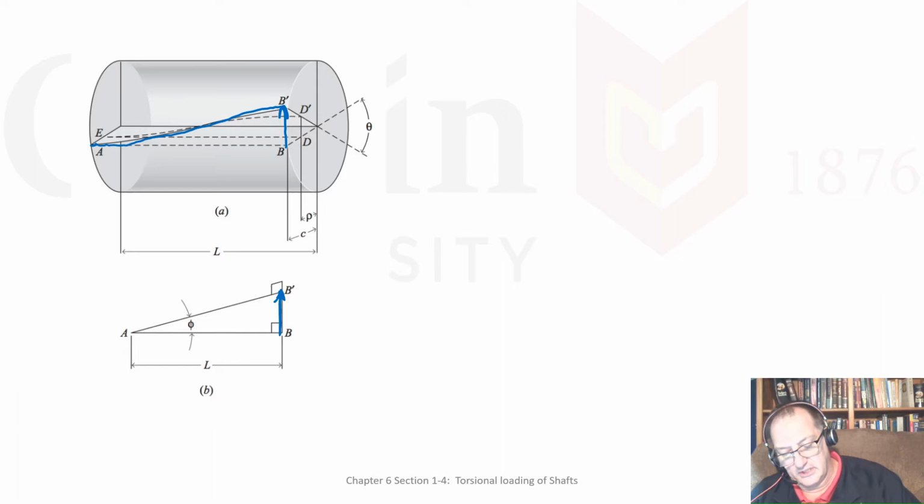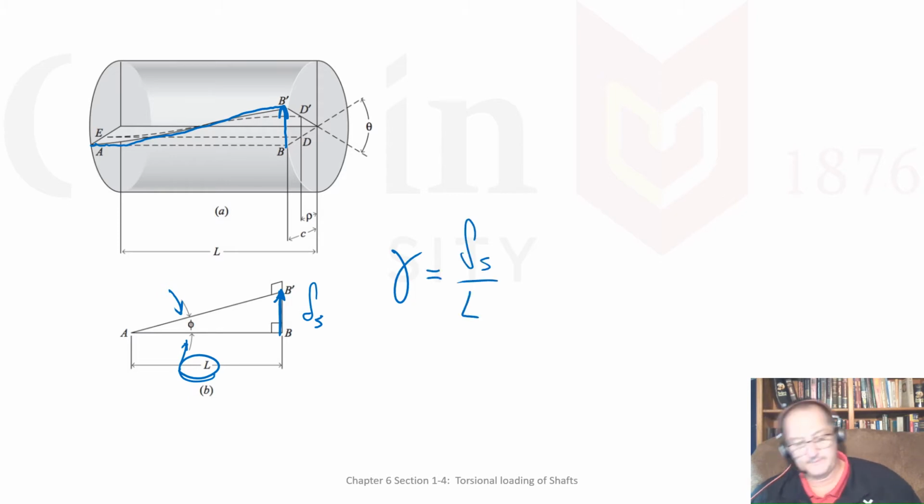That is the delta in the S direction. And here's L. And if you remember, they're using the same symbol that they used in chapter 3 to define the strain. That's that angle, which we're coming back to. That's our shear strain. Gamma is equal to delta S over L.